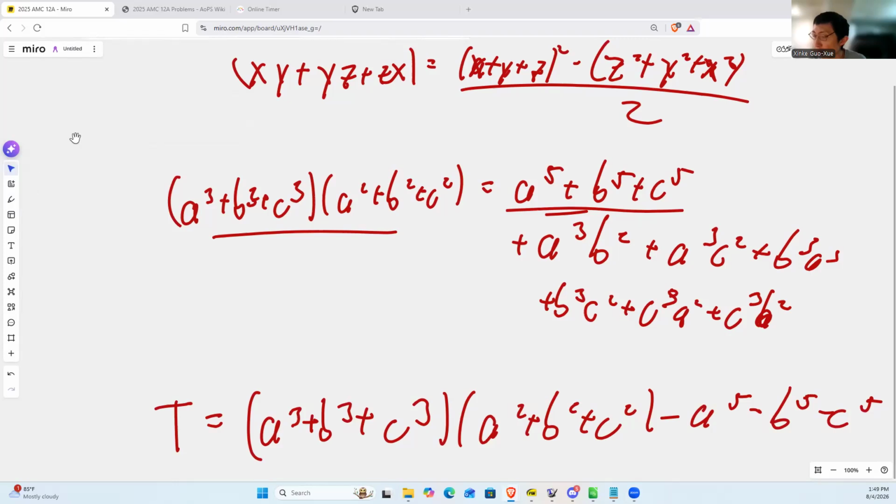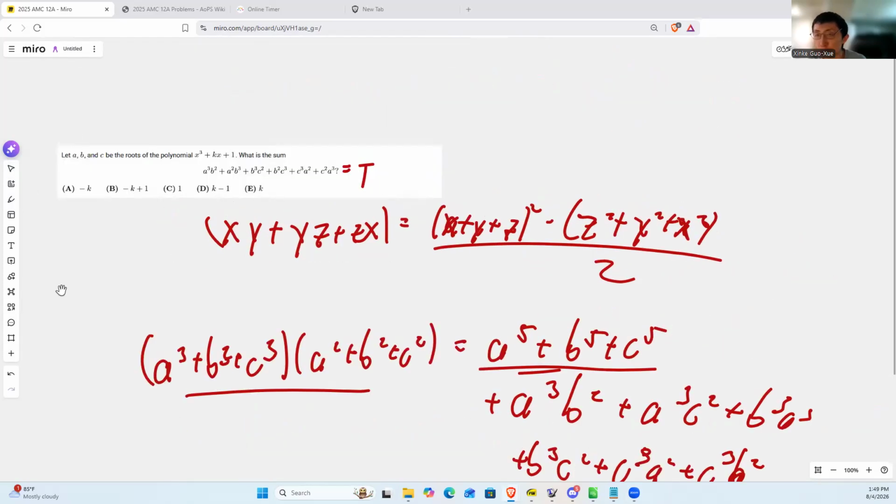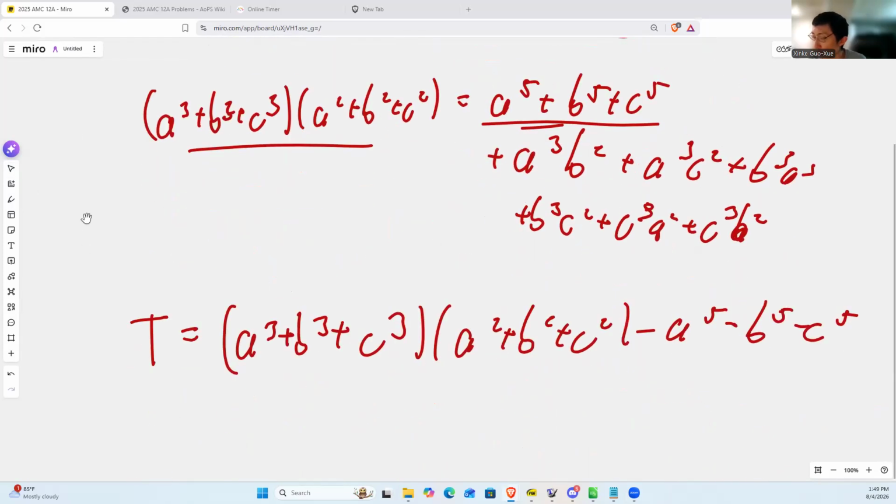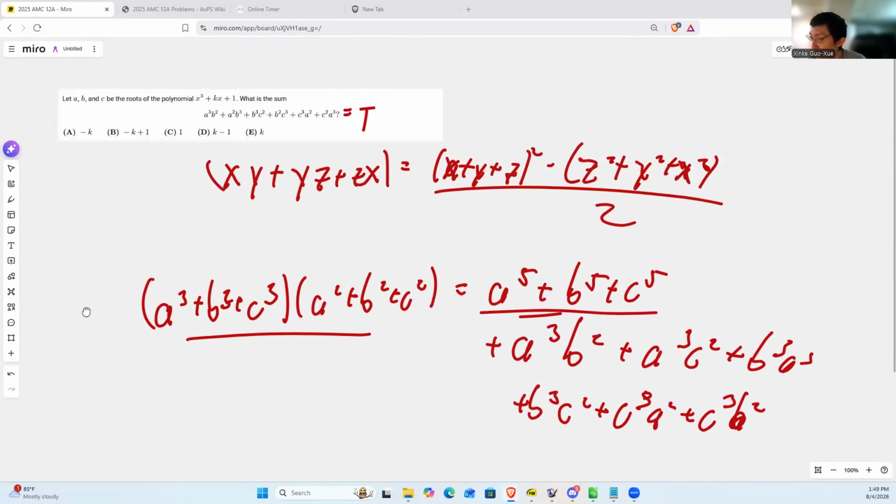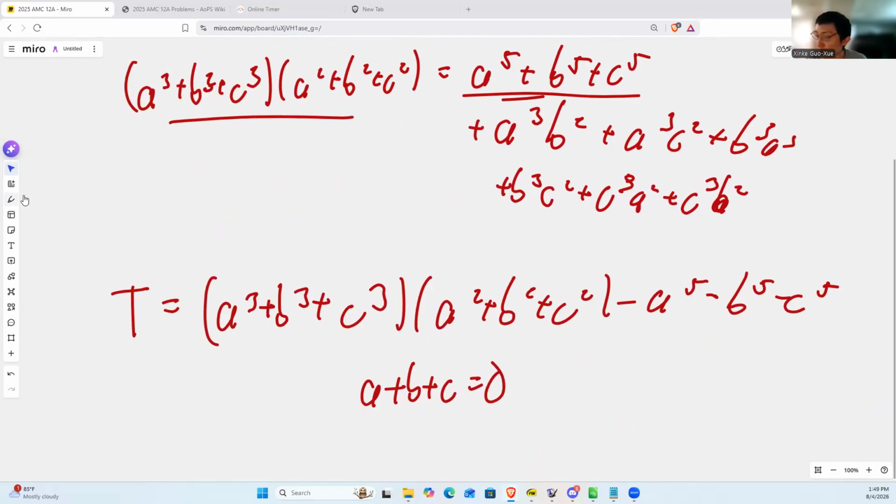Also by Vieta's formulas, there's no x squared, so the sum of the roots is 0. The x term is k, so by Vieta's, the sum of the roots taken two at a time is k.